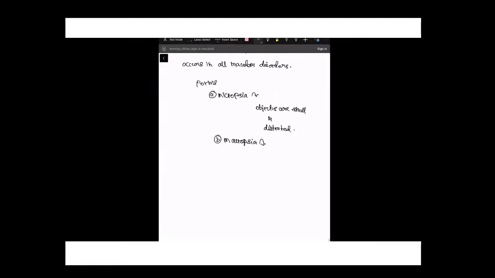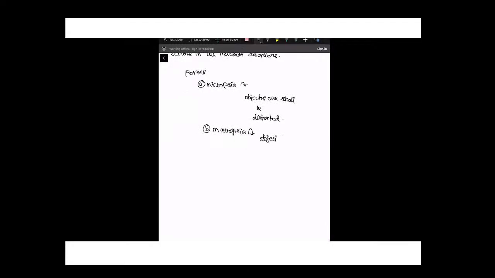It has two forms: micropsia, where objects appear small and distorted, and macropsia, where objects appear large and distorted.